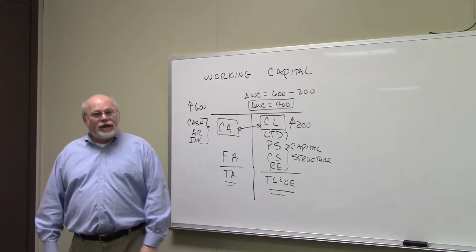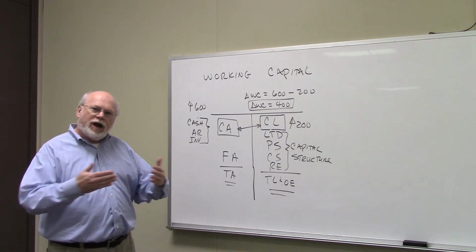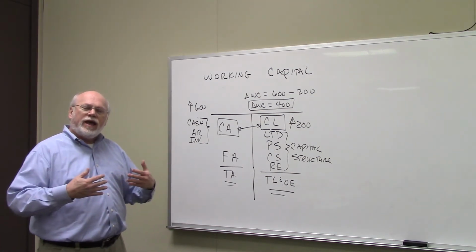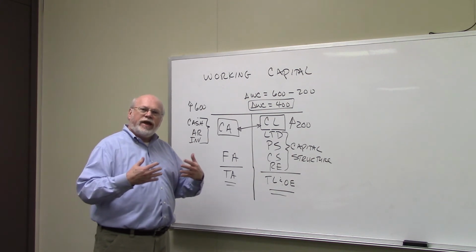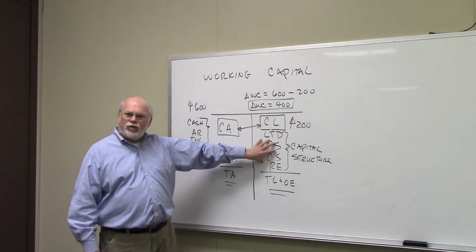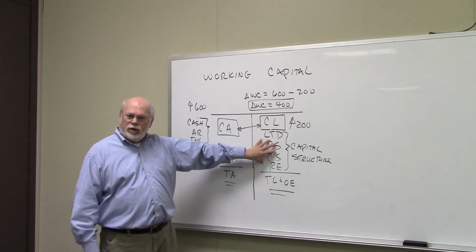What does that mean? If the change in working capital from doubling our business, from selling twice as many blue shirts, is $400, that means we're going to have to go out and raise that $400 through the capital structure of the firm. We're going to have to sell debt, preferred, or equity of some sort and come up with that $400. And what do we have to do with that $400?